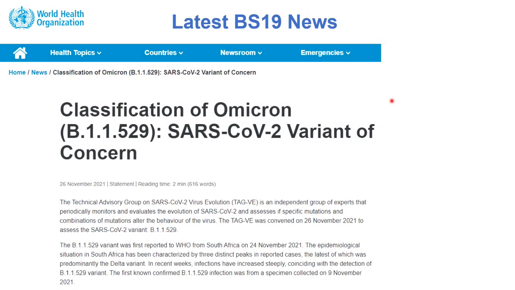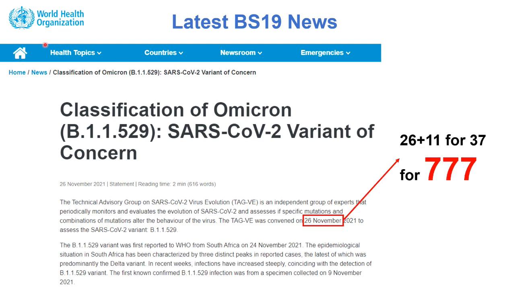So, classification of Omicron. This is from the World Health Organization website, and they had a TAG-VE meeting on the 26th of November where they decided to call it a variant of concern, and of course 26 is 26 plus 11 for 37, 3 sevens for 777, and also 37 times 18 of course is 666.